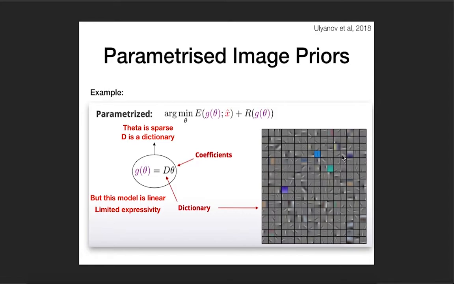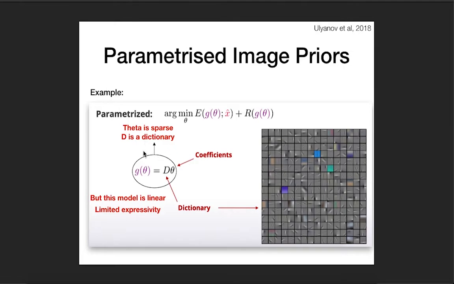So one instance is what we saw today. For example, we can assume that my X is made of a dictionary D, which looks something like this, and theta is my sparse coefficients. Now I'll put a prior on my theta that, given this dictionary D, I want my theta to be sparse, and I don't care about X because this dictionary will take care of X, right?